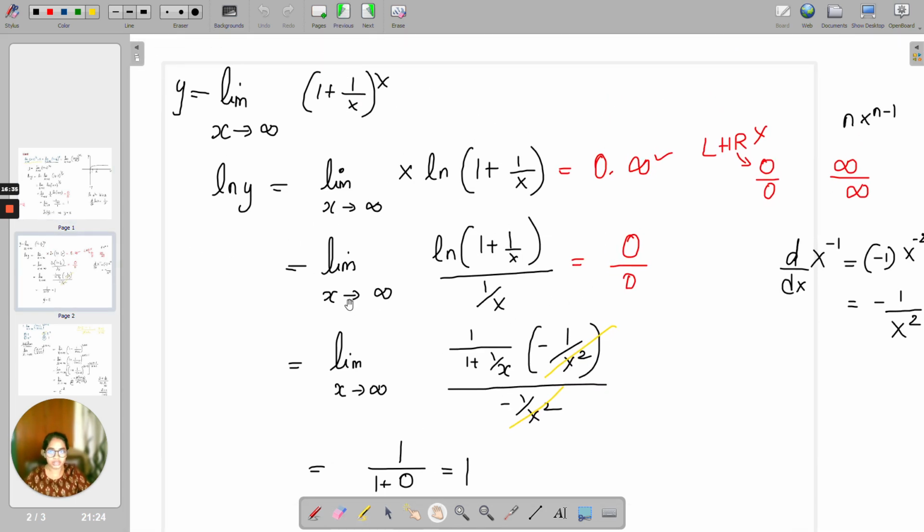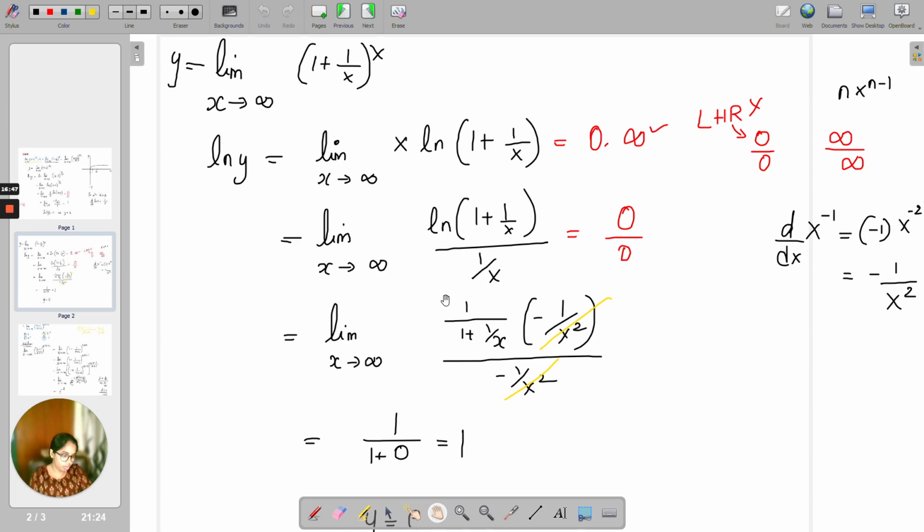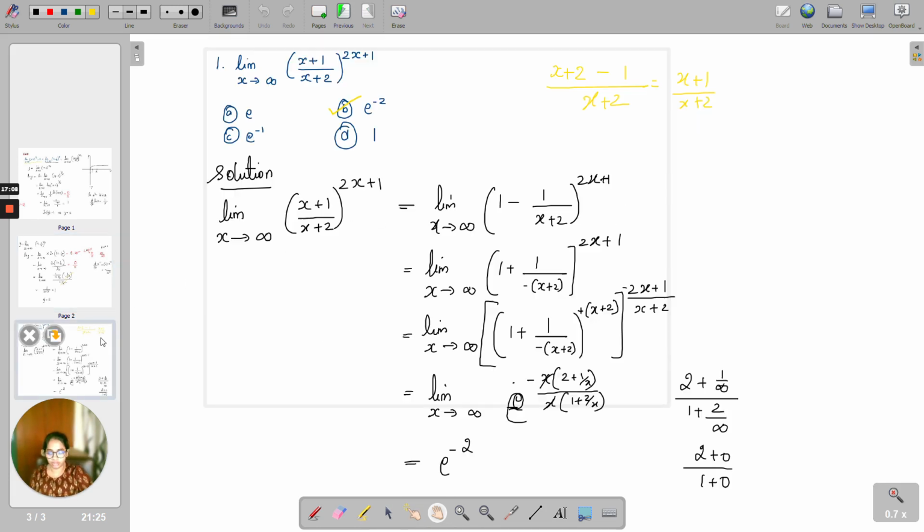So yes, in a similar way we solved limit x tending to infinity, 1 plus 1 divided by x to the power x. Here we got a 0 into infinity indeterminate form. Can we use L'Hospital's rule for 0 into infinity? No, right? So we first simplified this, brought it into 0 by 0 form, and then applied L'Hospital's rule.